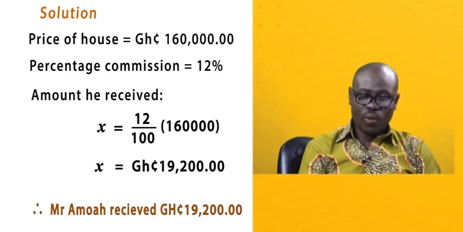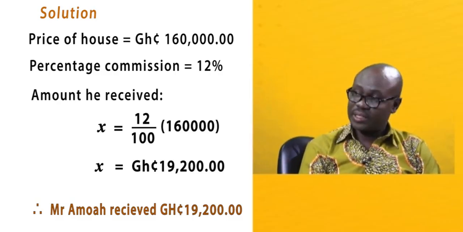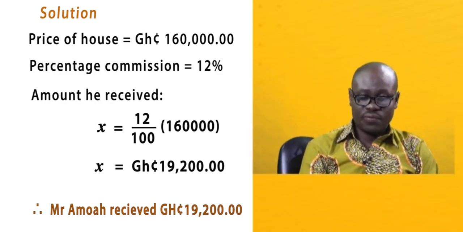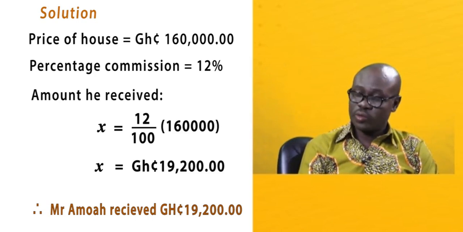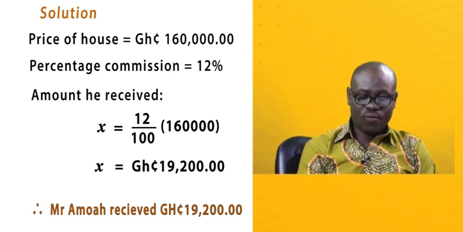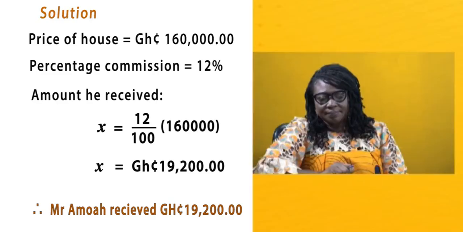So basically what we are going to do is to find 12% of 160,000. So if we represent the amount that he will receive by X, then X is equal to 12 divided by 100 multiplied by 160,000.